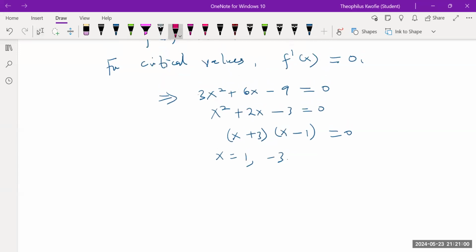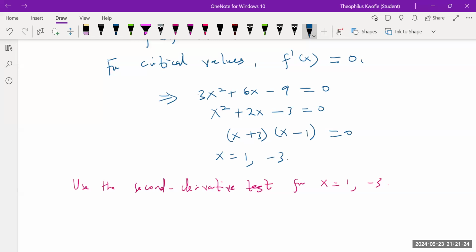So I will use a different pencil. So I would say that we use the second derivative test, okay? You're going to use the second derivative test for x equal to 1 and negative 3. So please, let's take note of that.